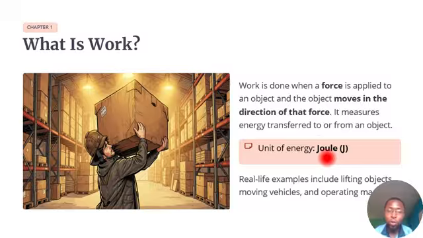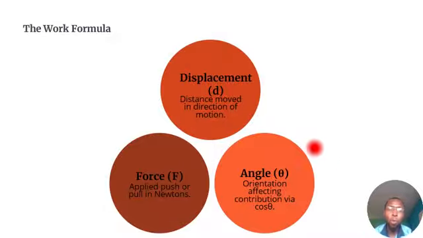All right. So the formula for work, from the definition, we can easily put it to be the product of force and distance. Because we say work is done when there is a force applied to a particular object and the object moves through a distance. So by formula, work will be equal to force times distance.